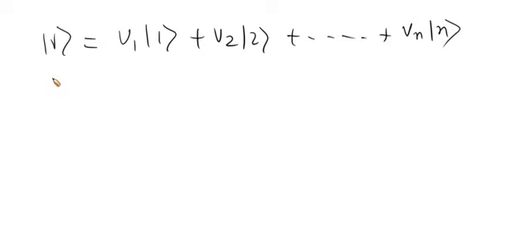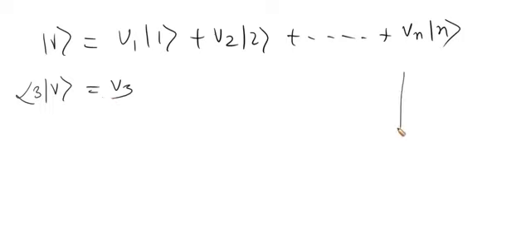And let's say you want to know the first component, or the second, or the third component. How do you do that? Let's say I want the third component, so this is what I do, and this gives me v3. These |1>, |2>, |3> were my basis vectors. So this inner product is like a projection.